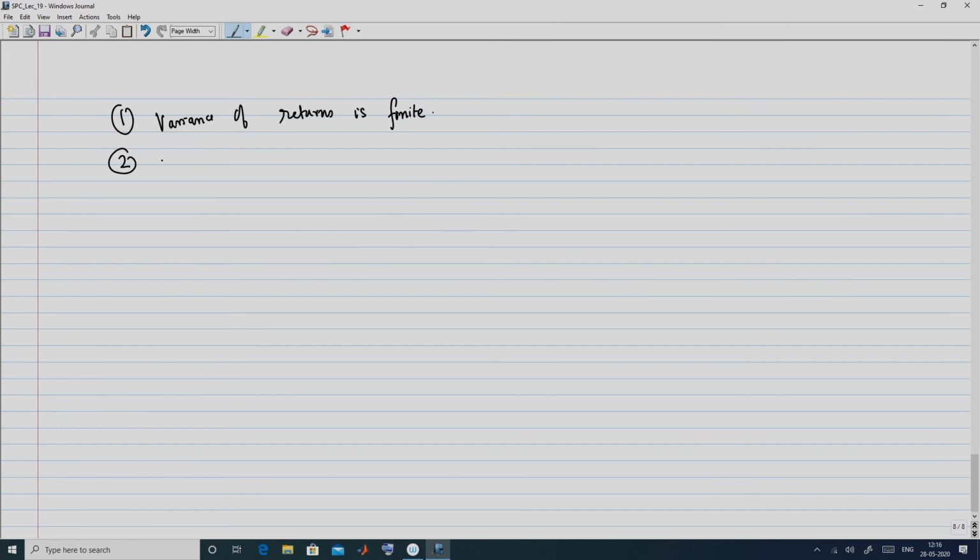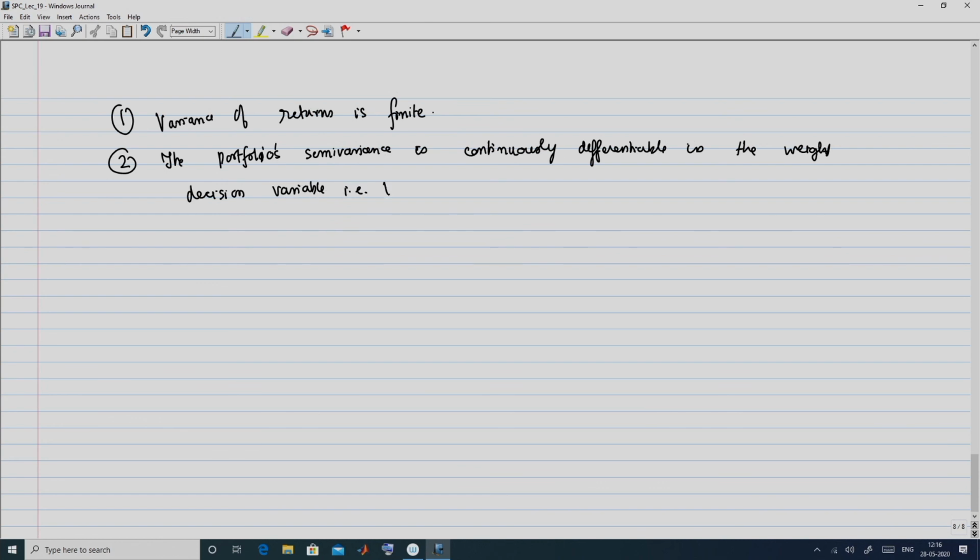The second condition is that the portfolio's semi-variance is continuously differentiable in the weight decision variables, that is Wi for all i.